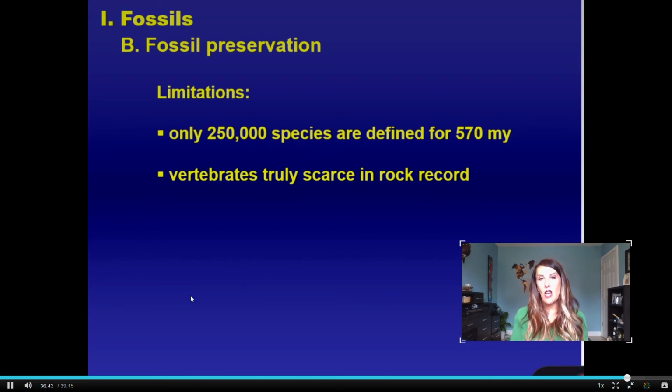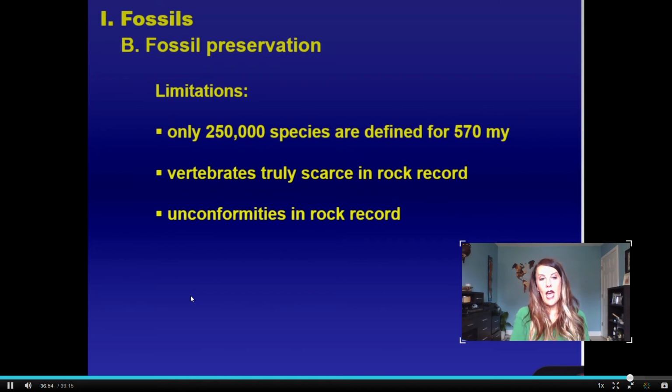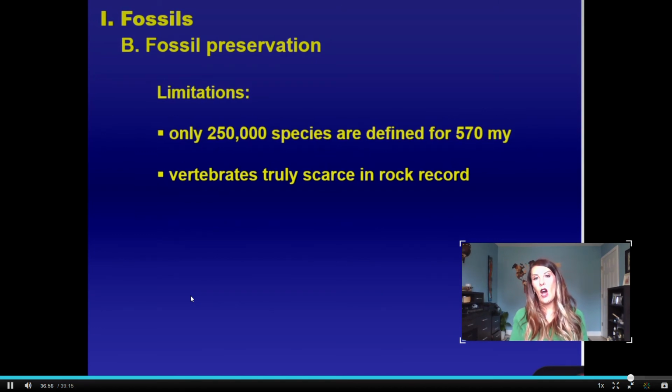Although we like to talk about vertebrates, they're truly scarce in the fossil record, especially with complete skeletons, for all the reasons that we've talked about. And so instead, we often look for the invertebrate record to give us clues as to how the environment was changing and responding.